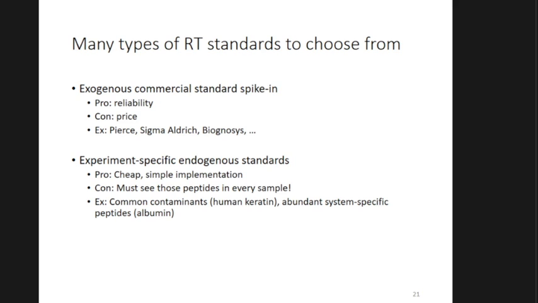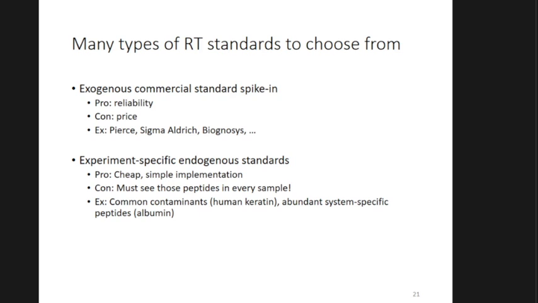I think Cambridge Isotope either has published or will soon be publishing one. So the exogenous standards, if you can afford them for your project, are great because they're extremely reliable. However, you have to be able to afford them because remember, you're supposed to spike these into all of your samples in order to use them the way they are intended to be used.